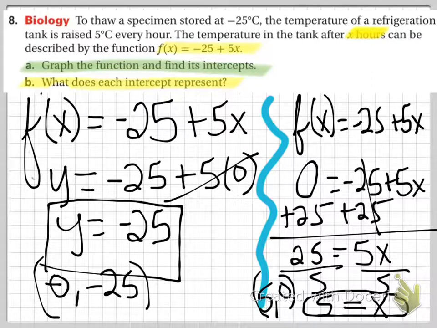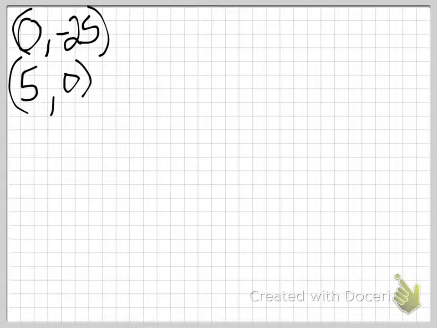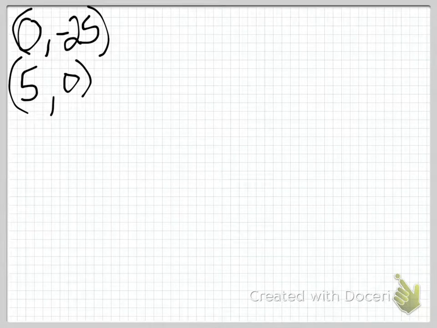Okay? Let's graph that. Remember, I had 0, negative 25, and then I had 5, 0. So it's going to be a big old graph. So I'm going to get some bigger graph paper. There we go. I need more dots.